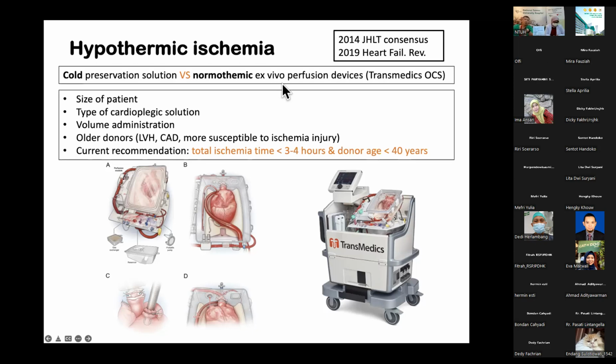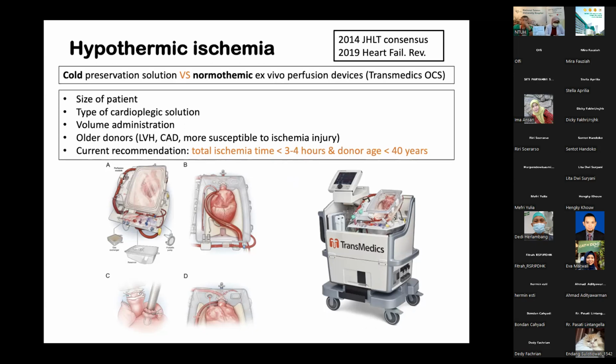So we would like to not worry about the ischemia time, but there are some choices you must make: the size of the patient, and what kind of cardioplegia solution you want. We also have some debate. 20 years ago, we only used the cardioplegia salt solution.